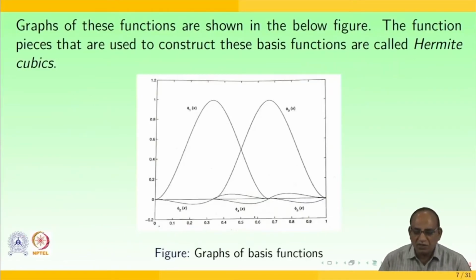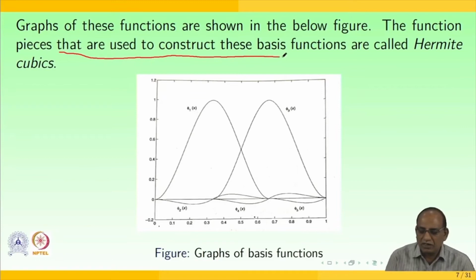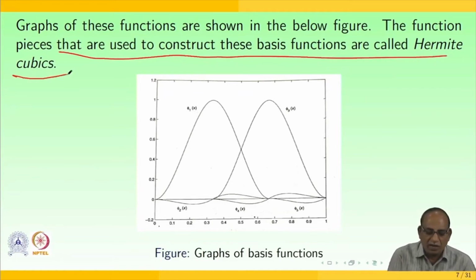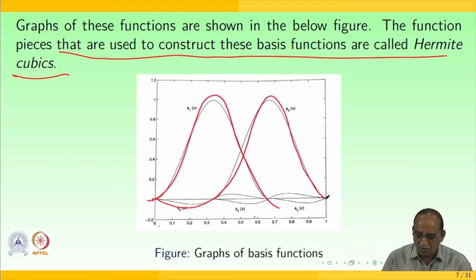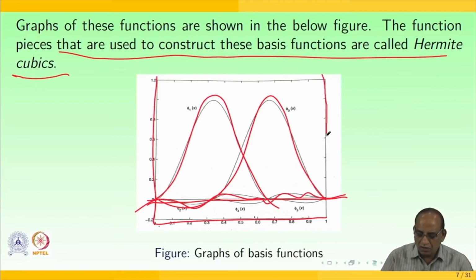Graphs of these functions are shown in the below figure. The function pieces that are used to construct these basis functions are called Hermite cubics. So you will have Hermite cubics, you see here. Now this is the line, so you will have like this, and this is the one you do have.